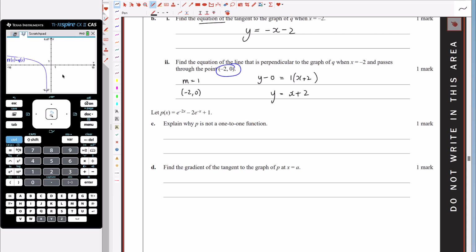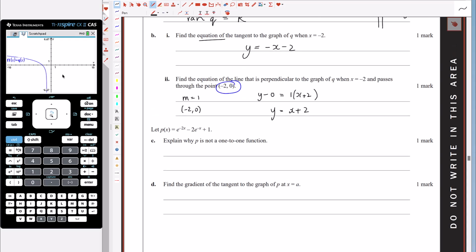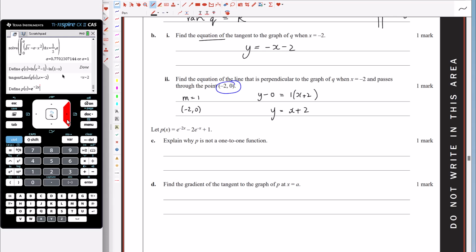Alright. Let p of x be this. Okay, let's define p of x. Okay, so it is e to the -2x minus 2e to the -x plus 1. Explain why p is not a one-to-one function.